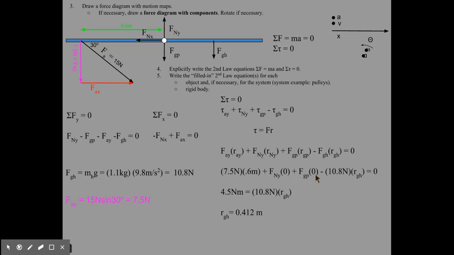If I solve this equation, I eventually end up with this expression here, and I could solve for RGH, so 0.412 meters. So what we calculated was the torque of this applied force, and we also calculated how far FGH, the hanging mass, is from the axis of rotation.